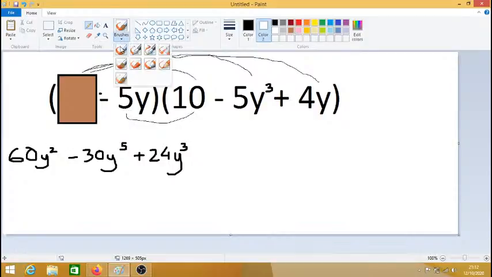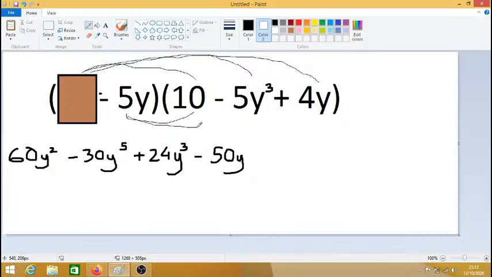bit in turn. So the first one, minus 5y times 10, that's nice and easy. And then the minus 5y times the minus 5y cubed. Again, don't panic, 2 minuses make the plus. 5 times 5 is 25.